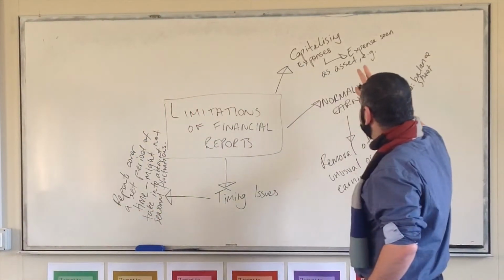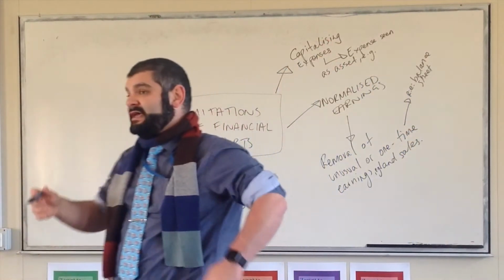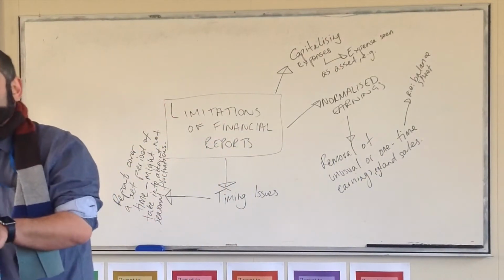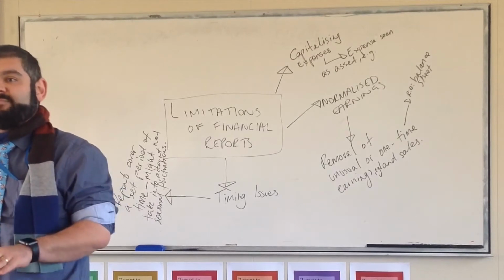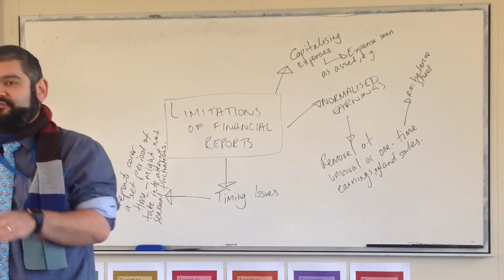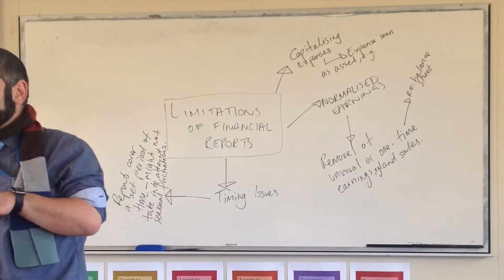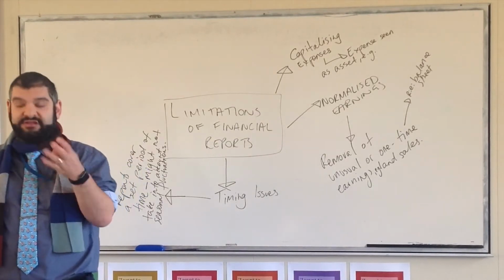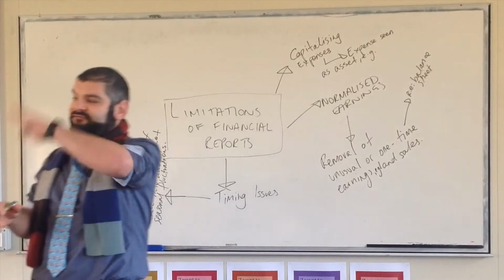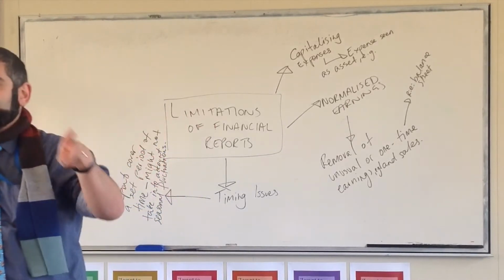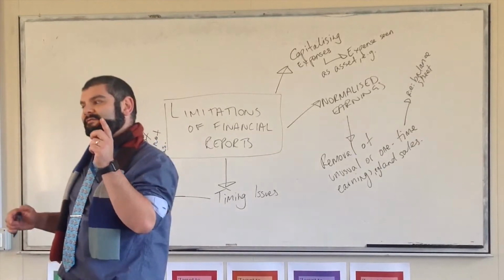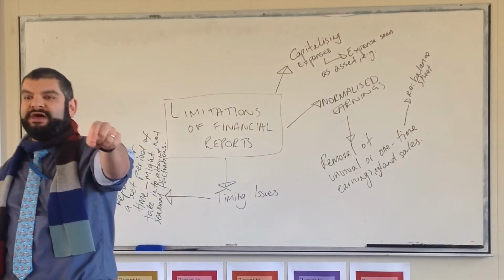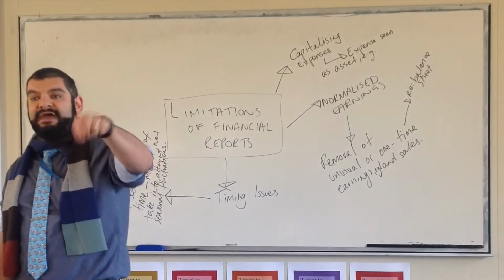So the idea of capitalising expenses is they may have bought, let's say they're a fish and chip shop, they spend $20,000 putting in the kitchen fit out, Bain Marie, fridge for the drinks or whatever. Rather than saying these are expenses, these are things that we spent money on, yes they are really things they spent money on, but if they flip around and then capitalise them, they say, but they're going to produce things of value for us because without them we can't sell our products, so we need them to then make money.